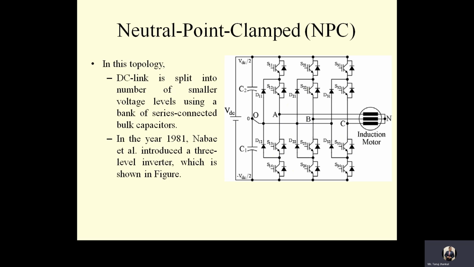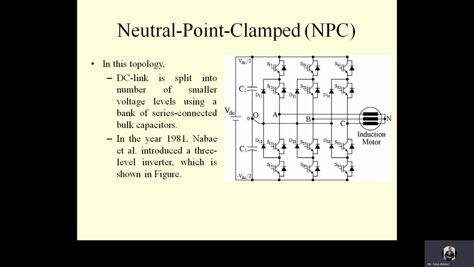This topology is popularly known as the NPC type multi-level inverter or NPC type PWM inverter, as the midpoint voltage level is formed by clamping the switching diodes to the neutral point of the DC bus. Each leg of the inverter consists of 4 switches and 2 diodes, which are known as clamping diodes.